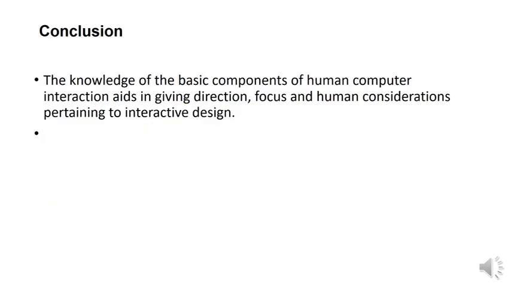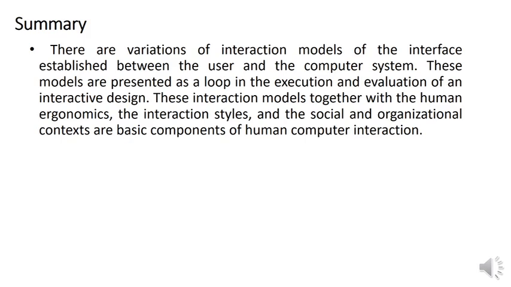So in conclusion, the knowledge of this basic component of human-computer interaction aids in giving direction, focus, and human consideration pertaining to interactive design. Then in summary, there are 3 variations of interaction model of the interface established between the user and the computer system.